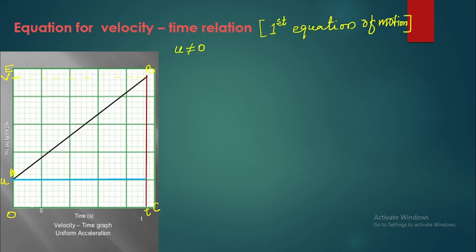Next, we draw a line parallel to OC from A to D. So BD is equal to BC minus CD, which represents the change in velocity in the time interval small t.